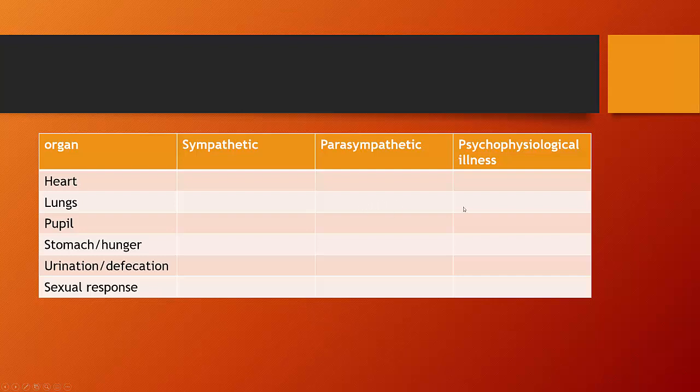Now, the psychophysiological illness that's associated with the lungs, a lot of you probably know: bronchitis, asthma. Now, some of you say, asthma? I thought asthma means that you can't breathe. Well, they have a good illustration in your textbook.